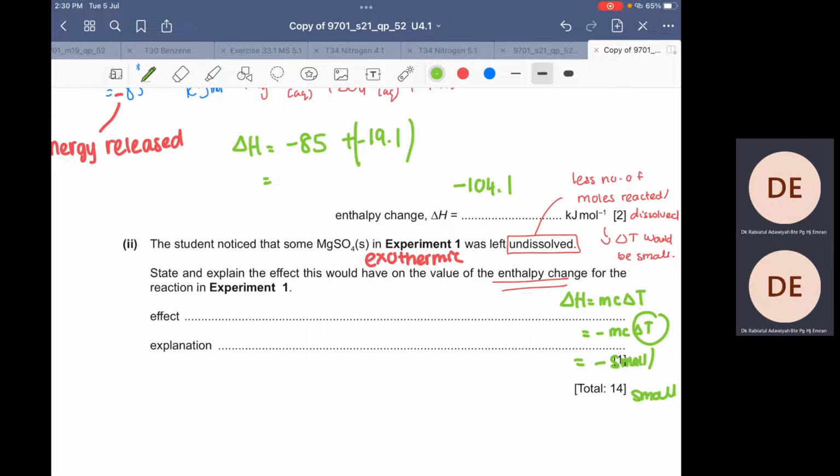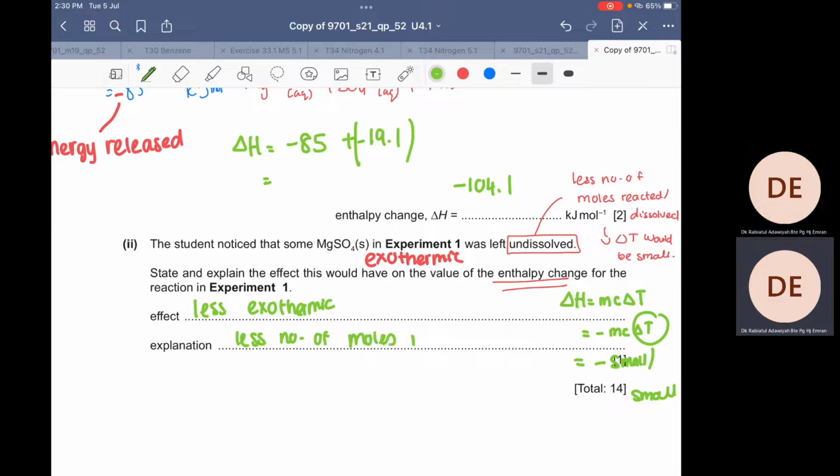Negative small, okay? So then the effect would be less exothermic. The reason for that is less number of moles reacted.